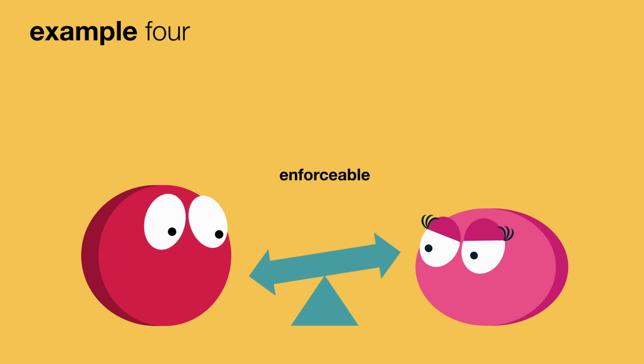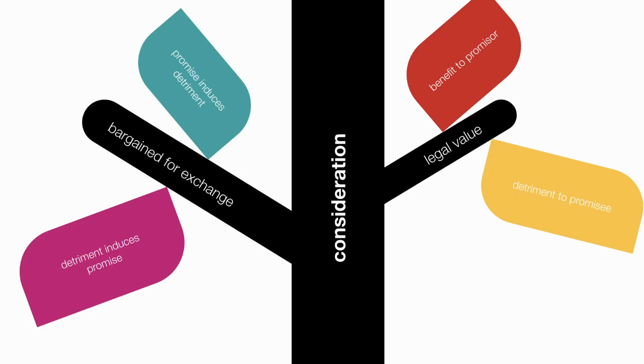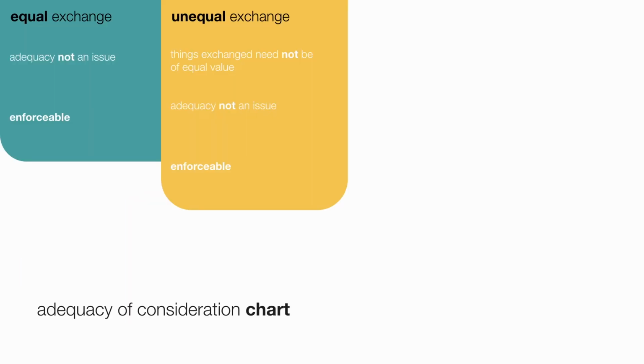Then we would look at that and say, yeah, it's uneven, but our general rule holds that in terms of asking whether the element of consideration is met, we're not going to say, well, Barb is paying way more than it's worth, so Bob's not giving adequate consideration for the $5 he's asking from Barb. We would say, just like the previous example, all the elements of consideration are met.